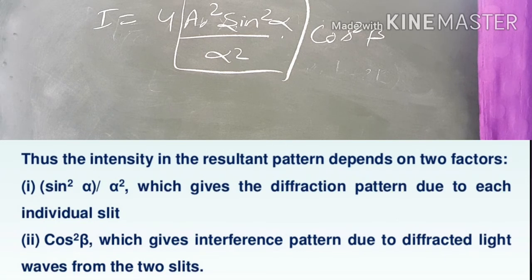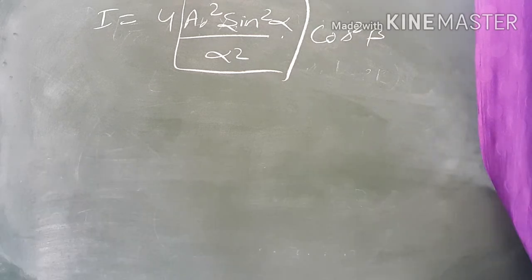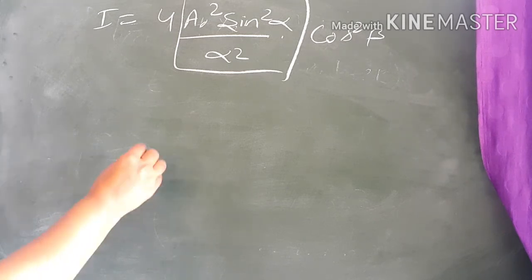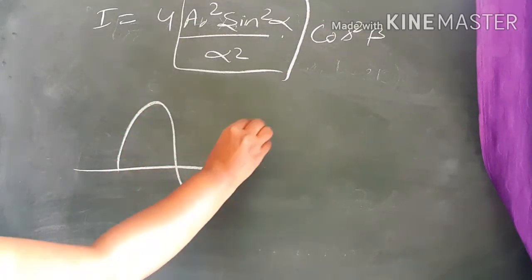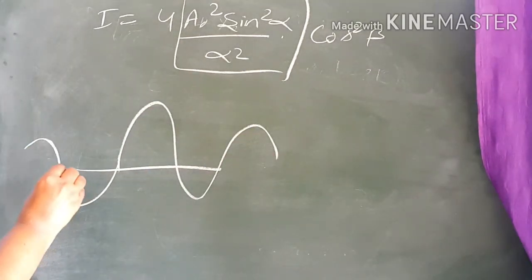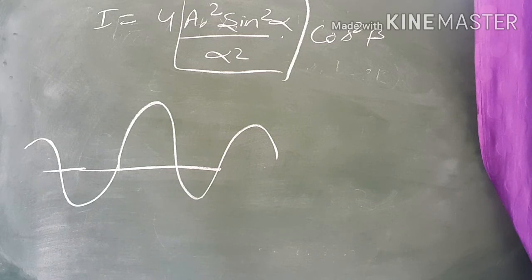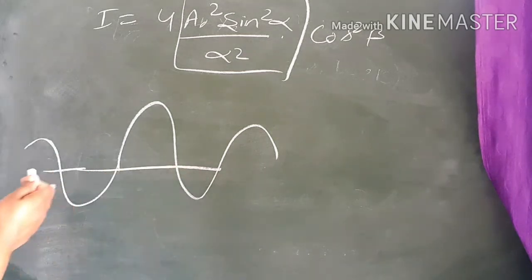Now some interference maxima are missing here. Some orders of interference maxima are absent if they correspond to the angle which also determines the minima of the single slit diffraction. Suppose this is the diffraction pattern. These fringes are due to diffraction.